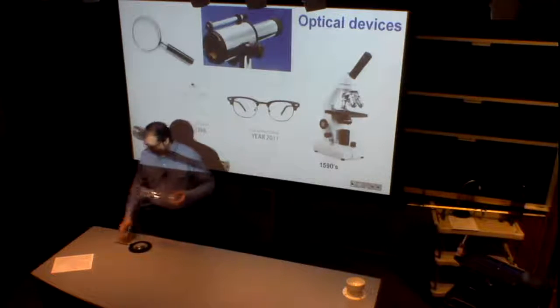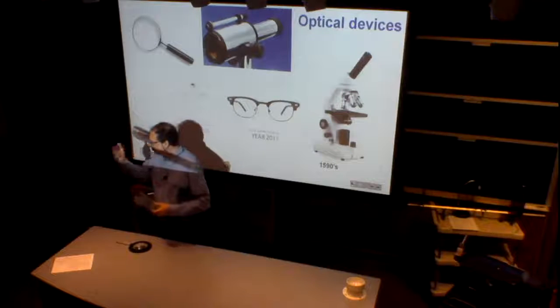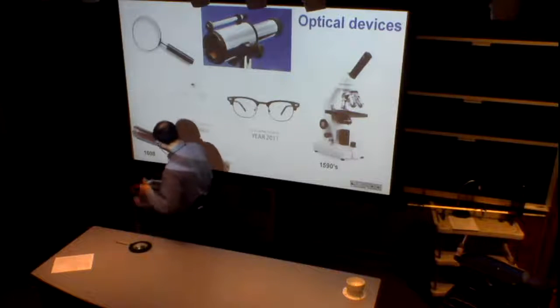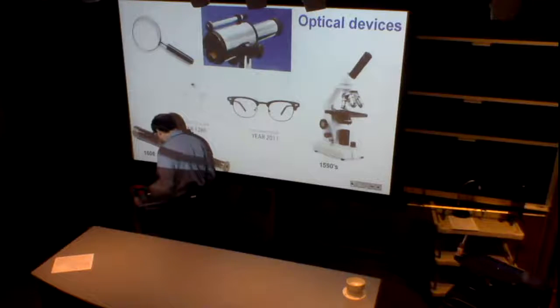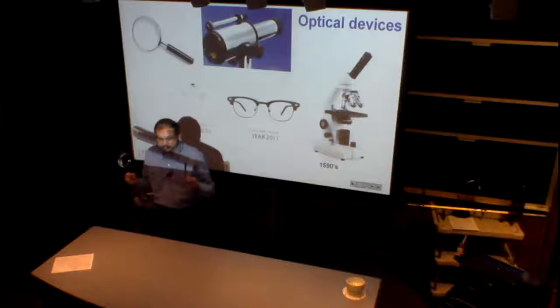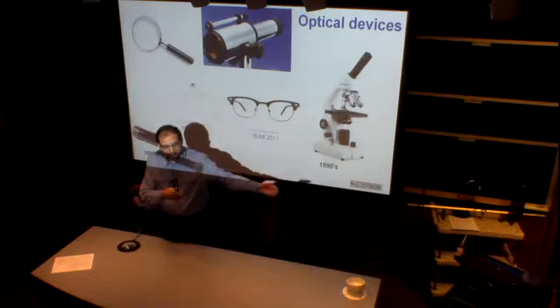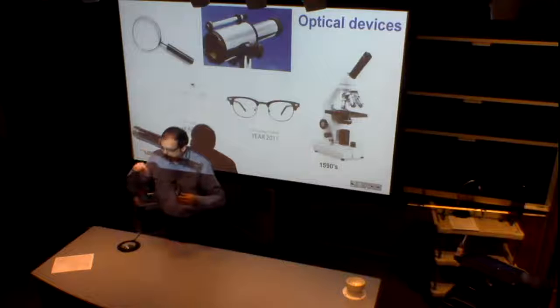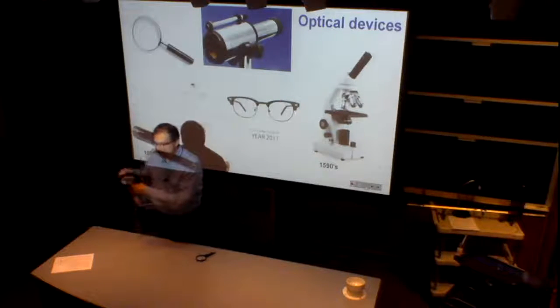It's a combination of 2. So you can look through, adjust the sharpness of an image. How does any optical device work? Well, the idea is very simple. A first device forms an image of an actual object, but that image becomes an object for the next, and then for the next.